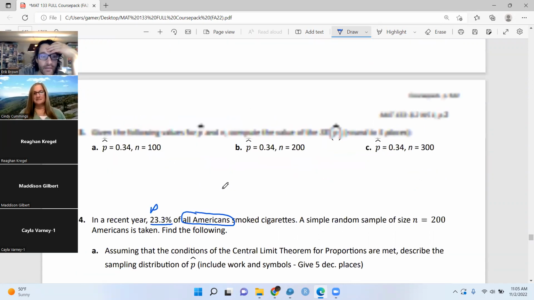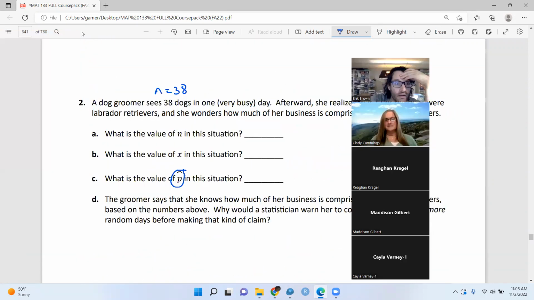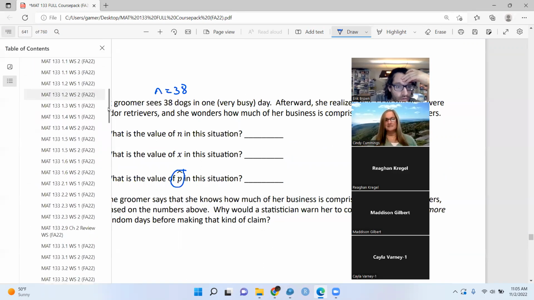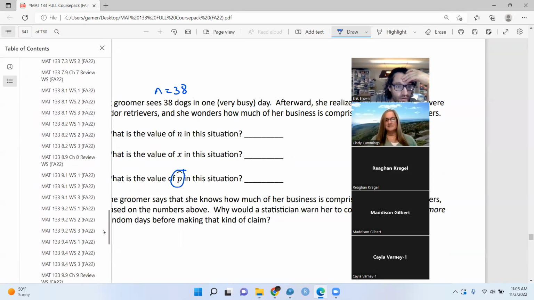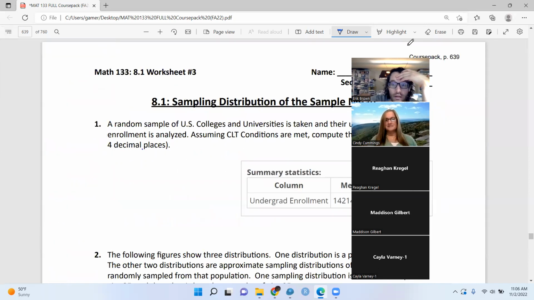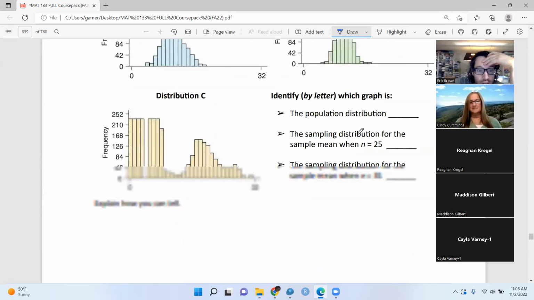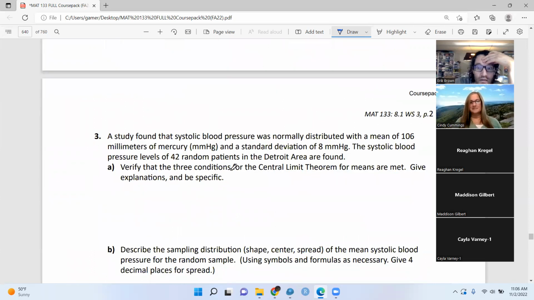Now, if we go back to the 8.1 stuff and compare, and then when you do the chapter review, it's all mixed together, so you get to see all of it. Here's a problem. We see the word mean and standard deviation in there, and then sample size.